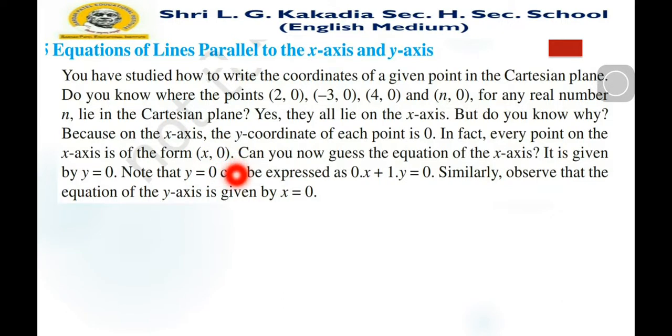If the x coordinate is 0 and the y coordinate is given, then the point lies on the y-axis. Can you now guess the equation of the x-axis? It is given by y is equal to 0.